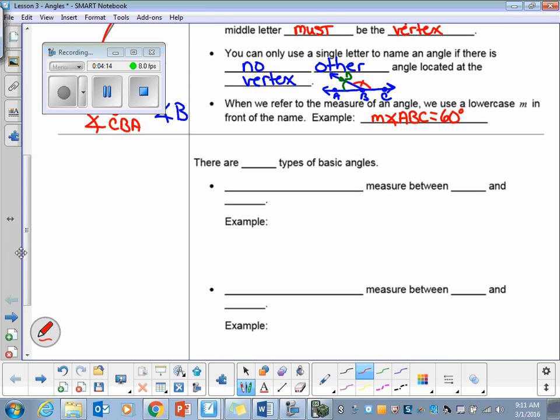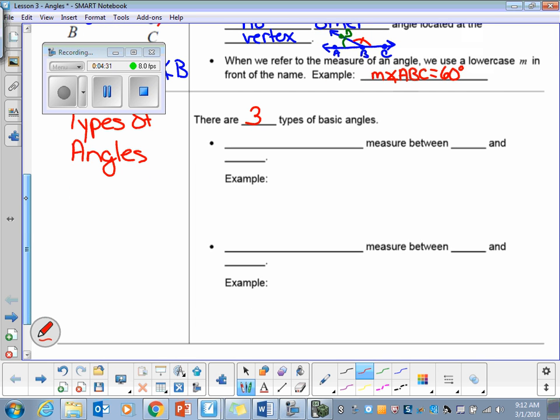Okay, so types of angles. There are three basic types. And we're talking just a single angle all by itself.